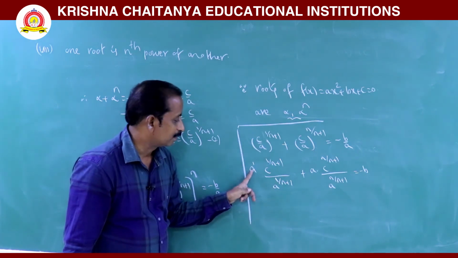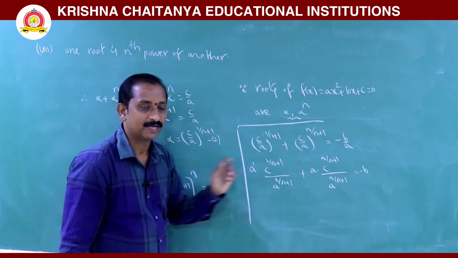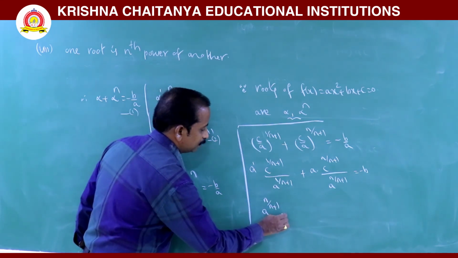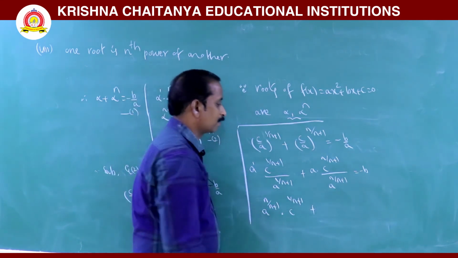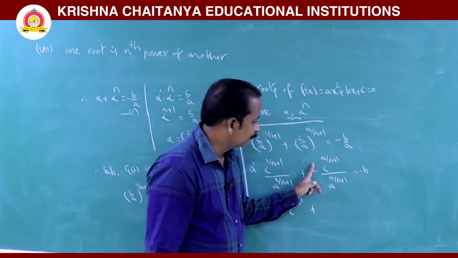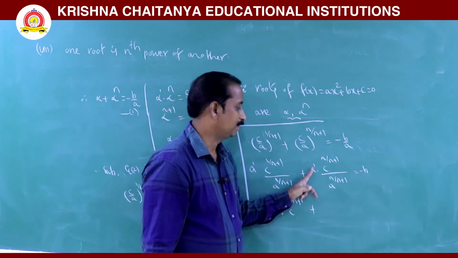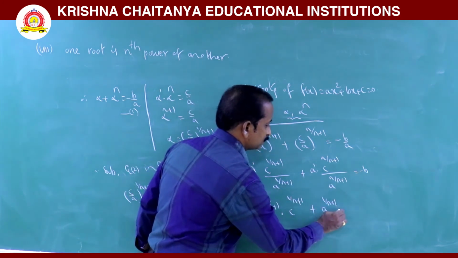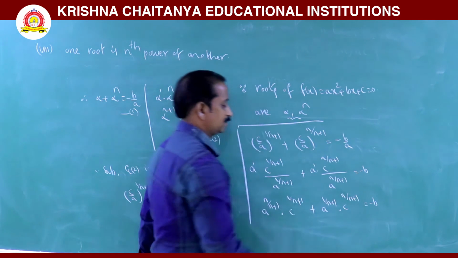We know that a power m minus n means a to the power of 1 minus 1 by n plus 1, so a to the power of n by n plus 1 into c to the power of 1 by n plus 1. In a similar manner, here the power of a is 1, and a power m by a power n we can write as a power m minus n, meaning 1 minus n by n plus 1, nothing but a power 1 by n plus 1 into c power n by n plus 1, is equal to minus b.